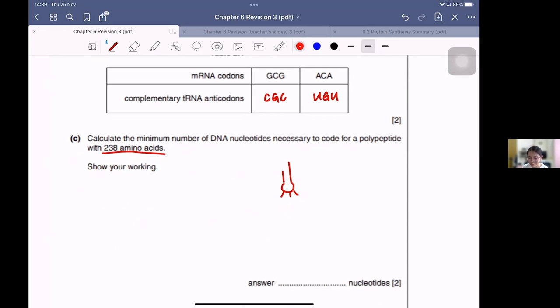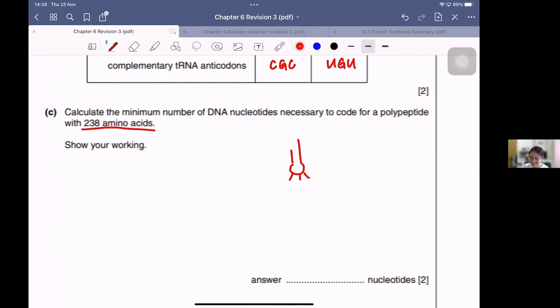Let's move on to the question over here. This is the tRNA, and we know that tRNA binds to the codons on the mRNA. The mRNA binds to the code on the DNA by complementary base pairing. So this is the DNA, and this is the mRNA over here. And the tRNA carries one specific amino acid.